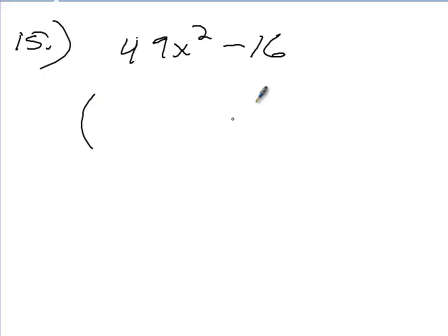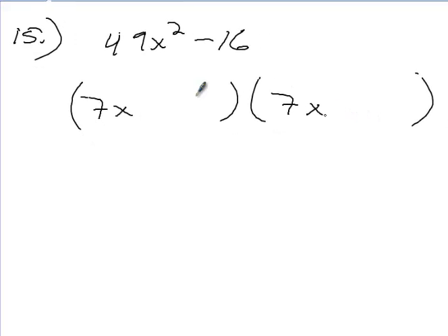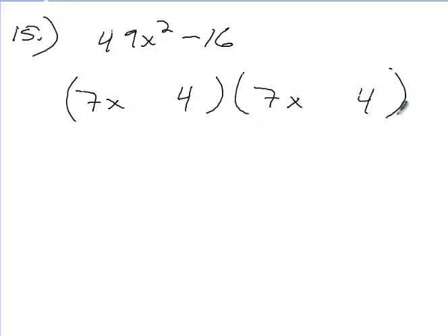Okay. So I need repeats. What number times itself will get me 49x squared? 7x. What number times itself will get you 16? 4 and 4. Now this is where I have to be careful. I can only use this if there's no middle term and c is a negative, right? Because what's a positive times a negative? Negatives, right.